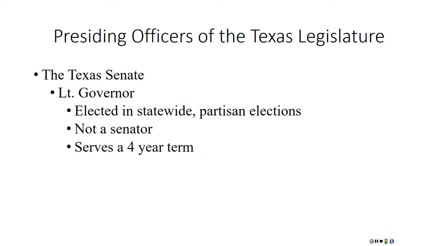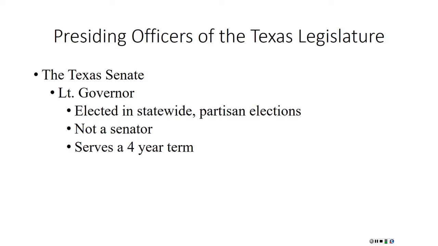Now, let me explain why the Lieutenant Governor is so powerful. The Lieutenant Governor gets to decide which bills are going to come off the calendar for discussion, the Senate calendar. So he gets to decide what legislation the Senate's going to vote on. He gets to assign party members, Senate members, to committees.